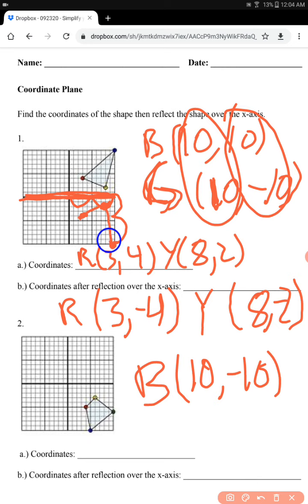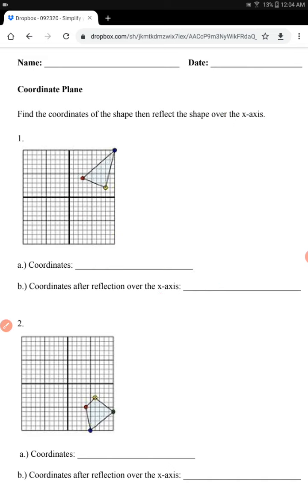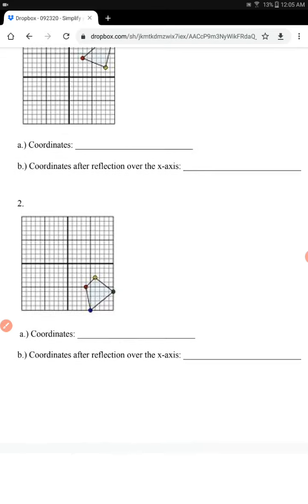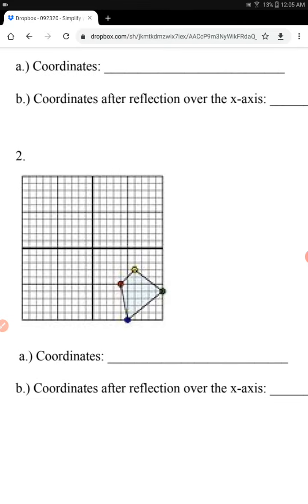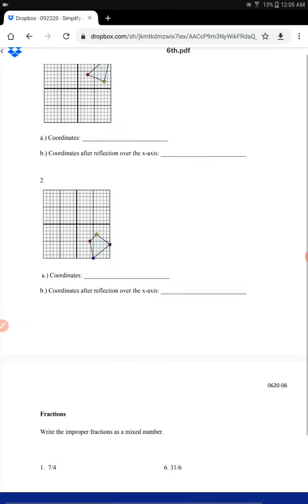So our triangle would be like this. It is a reflection. I'll give you a second to look at that, and then once you do number 2, go on to the next page.